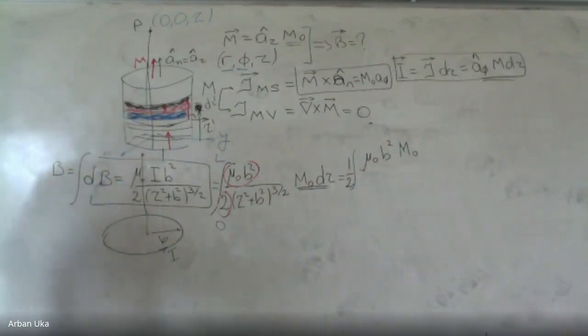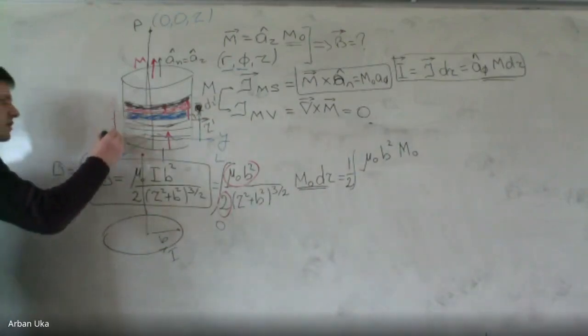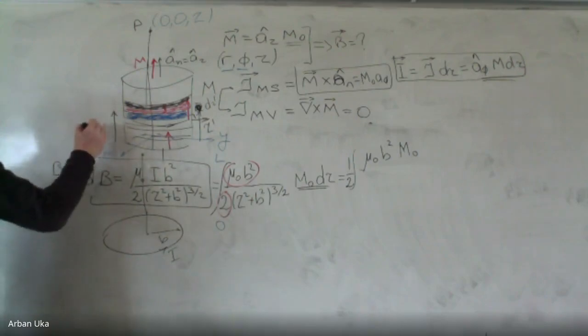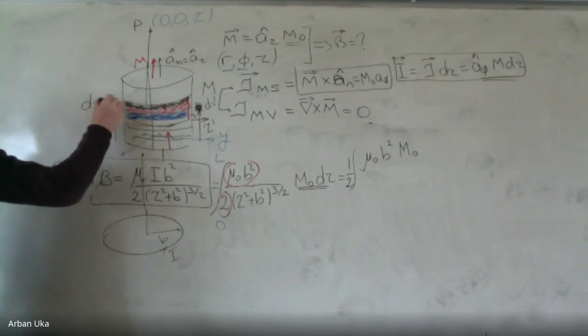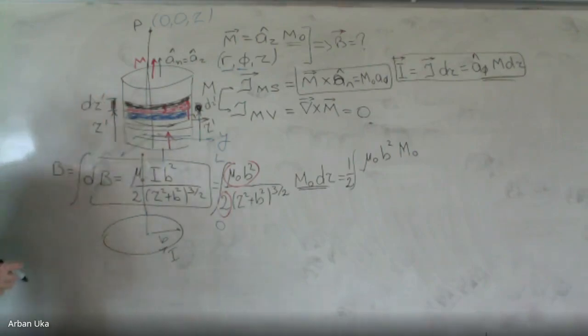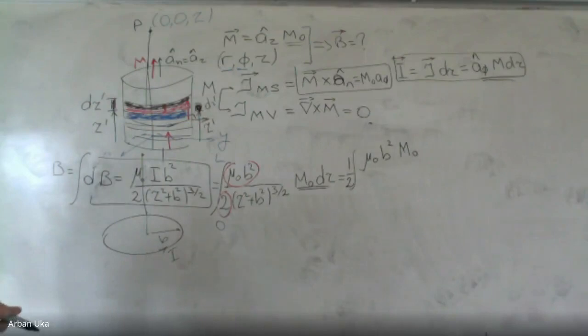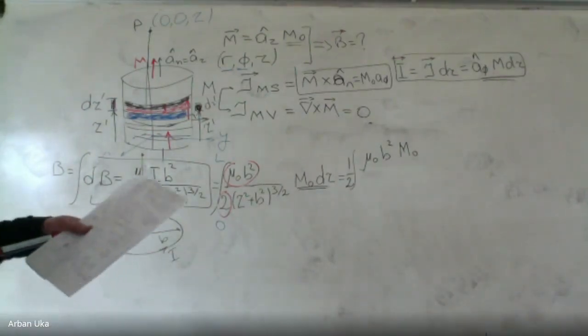Whenever we try to integrate over some quantity, we say that at the distance z prime, we select an infinitesimally small length element, which is dz prime. And with dz prime, we denote the prime where the currents are, for the currents, okay?